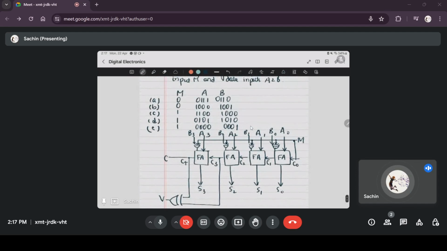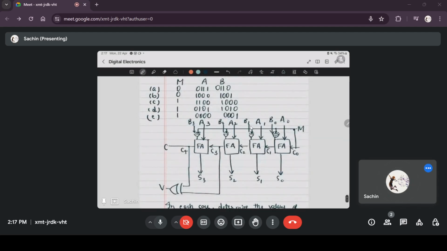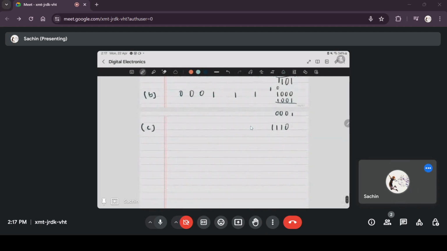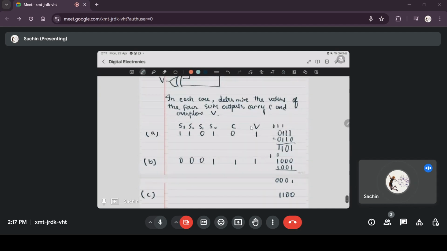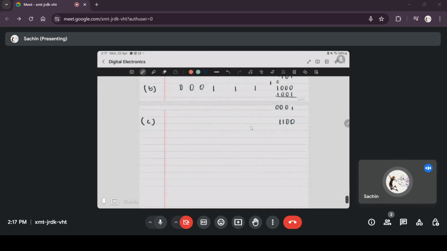C, D and E all have M equal to 1, so they're all subtraction operations. And subtraction operation happens in the following way. A is 1100, B is 100, which is complemented, you will get 011 plus 1.